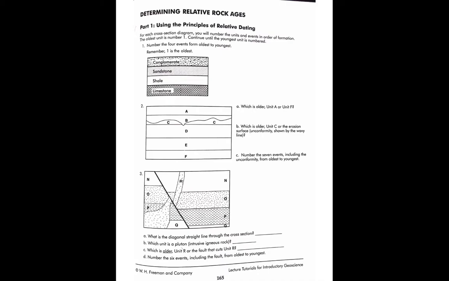Some of these you might pause a little bit, but there's no trick to it other than thinking logically, like the example that something can't cut through something that isn't already there. Think about what has to form first before the other thing can form. So that's how this whole relative dating thing works.